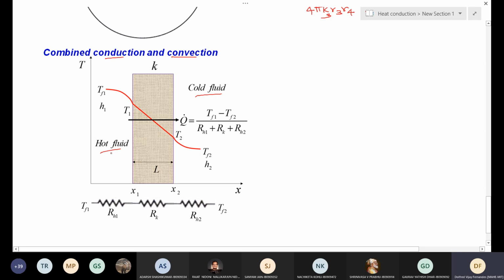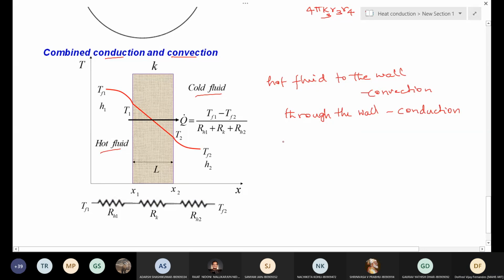So from hot fluid to the wall, this is convection. Through the wall, it is conduction.